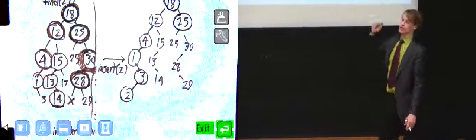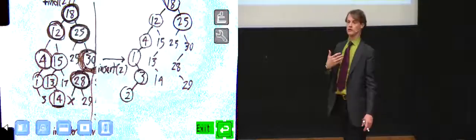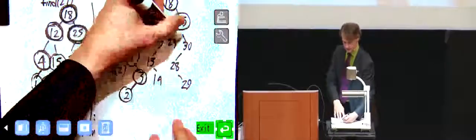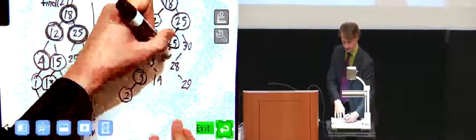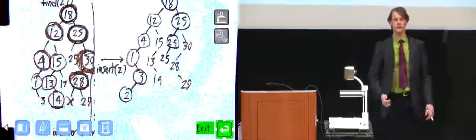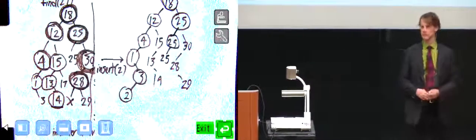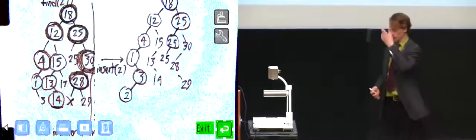And when I hit a match, it's pretty much up to me whether I want to go to the left or to the right. You can do either one. Just pick one arbitrarily. So let's suppose we go left. There's another 25. Go left again. You can insert a 25 there. Any questions about the insert operation?